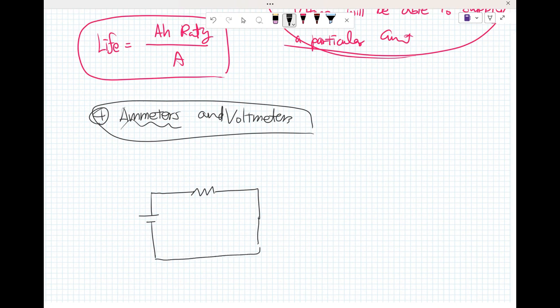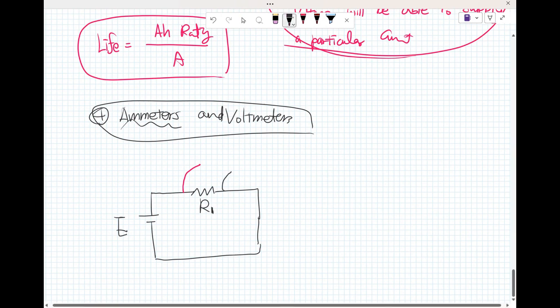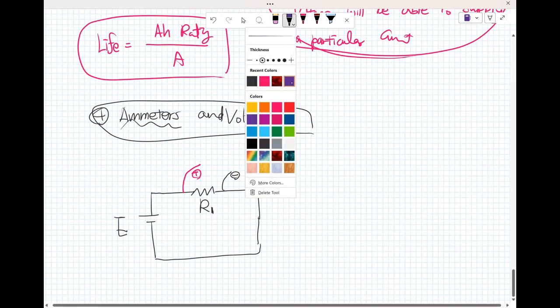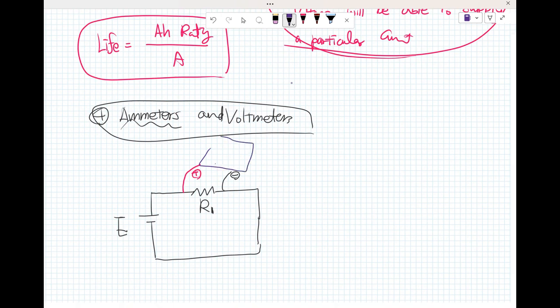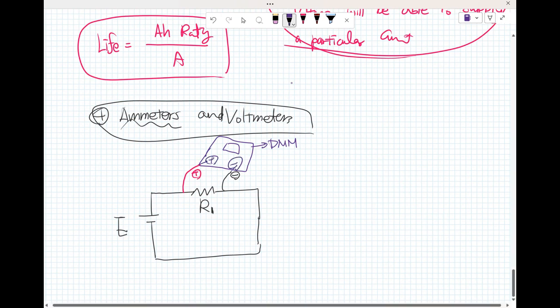Like this one, this is the circuit, for example. This is E, the voltage supply, and this is R, the resistor, a very simple circuit. If we want to measure the voltage, this is minus, this is plus, and this is the DMM, the digital multimeter, plus and minus. It can measure the voltage.